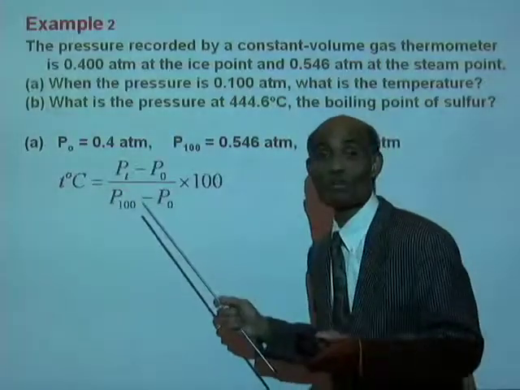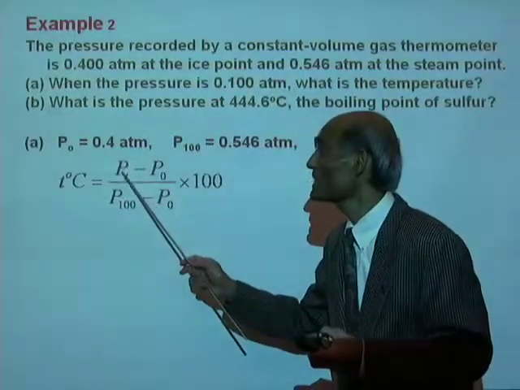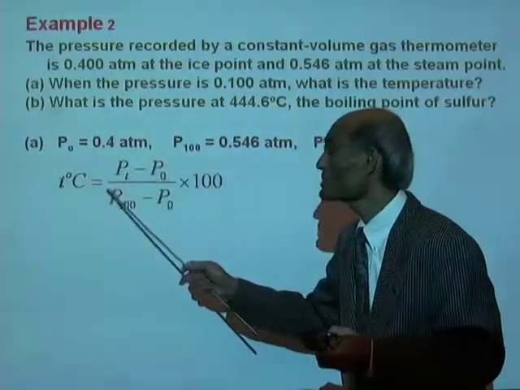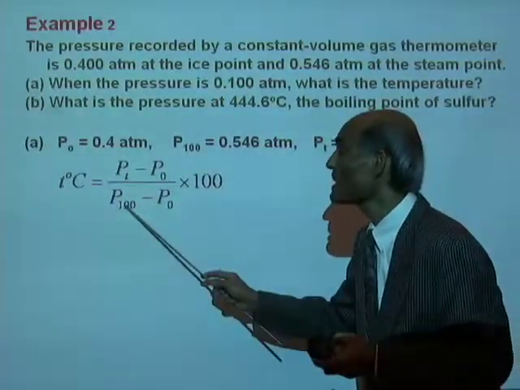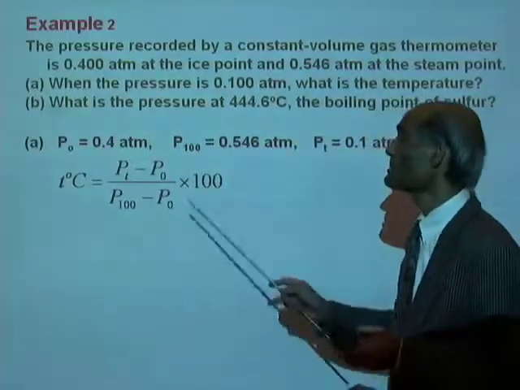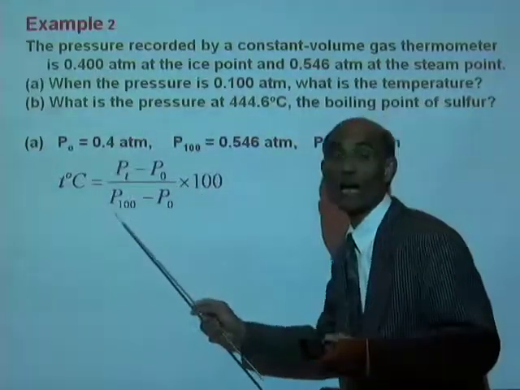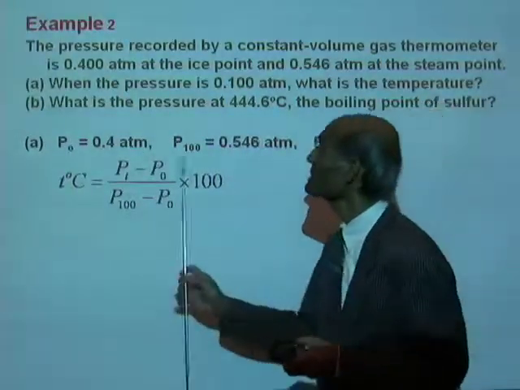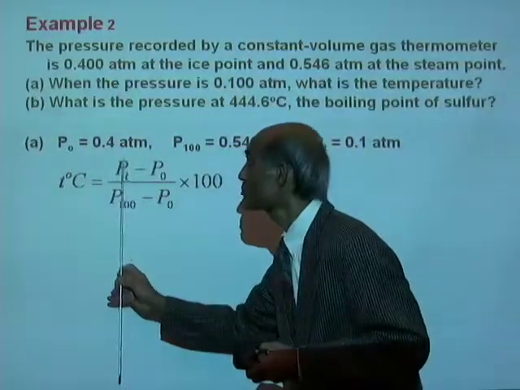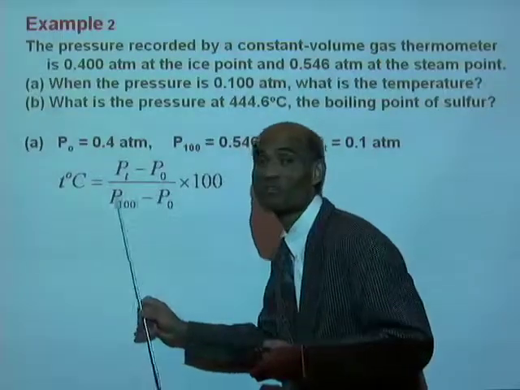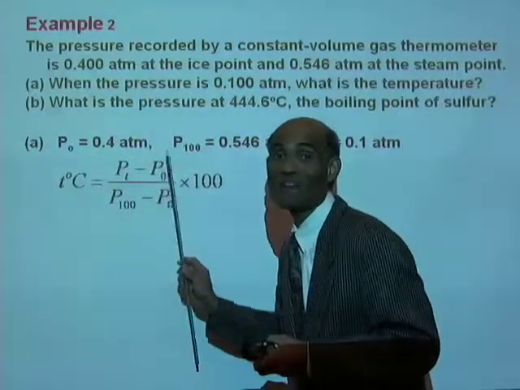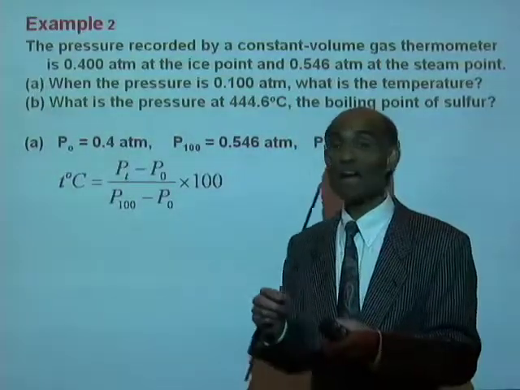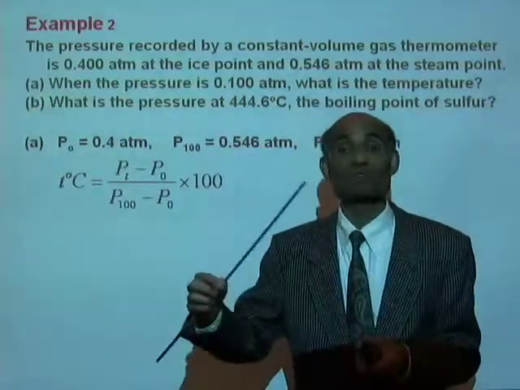Well, bring our formula back. T degrees Celsius is (P sub T minus P0) over (P sub 100 minus P0) times 100, and use all the known values in there. If you notice, because this is a ratio of two differences in pressure, I can use the pressure in any unit I choose. I don't have to use the absolute unit here.